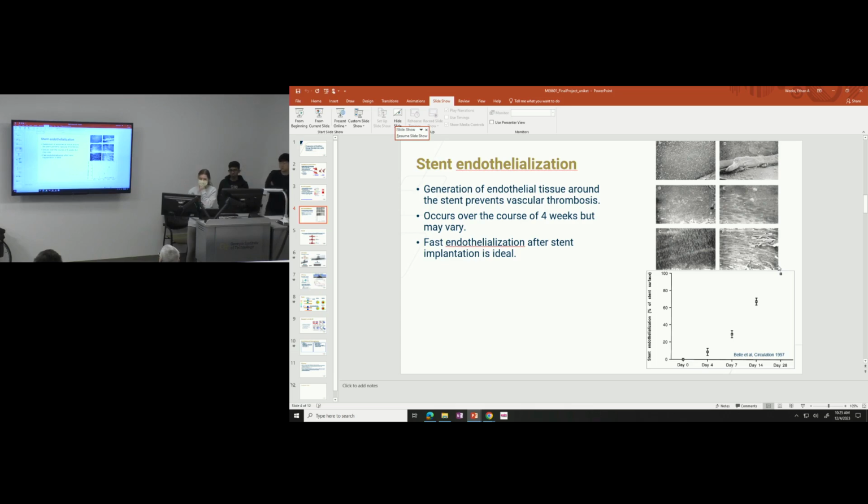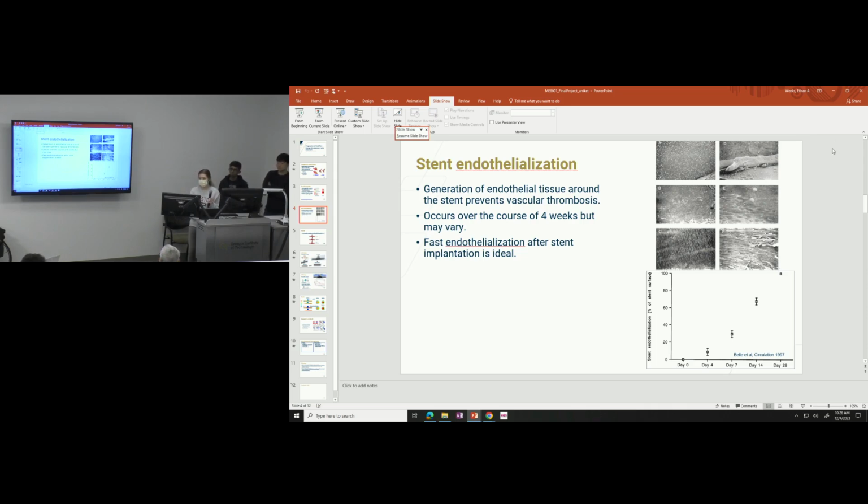And in general, it usually takes about 4 weeks, but it may vary because there are different types of stents, like drug-eluting stents, different ways to minimize this as well. And the overall goal is to have a fast endothelialization.